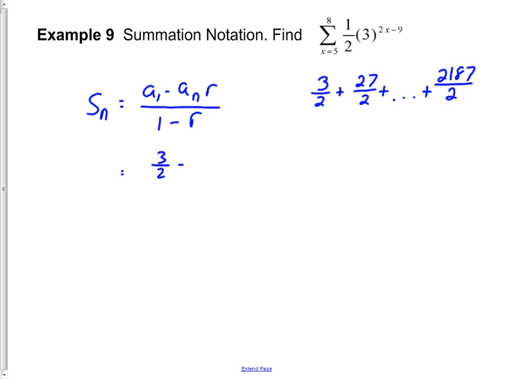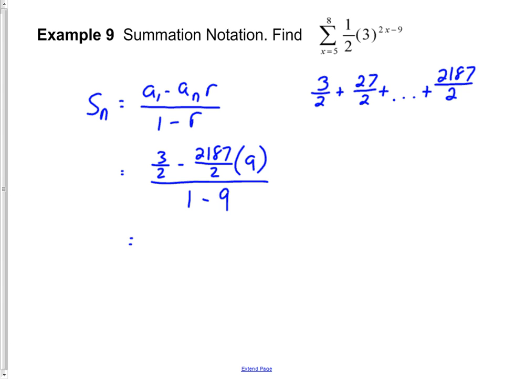A sub n would be the last number, 2187 divided by 2. R, what is the common ratio? What am I multiplying by each time in order to get the next number in the series? Well, it looks like I'm multiplying by 9. 9 times 3/2 would be 27/2, right? So the R value is 9, so I got 1 minus 9 on the bottom here.